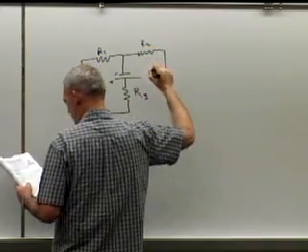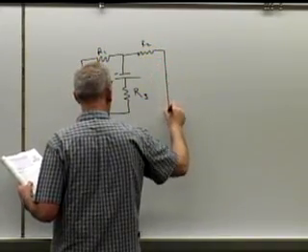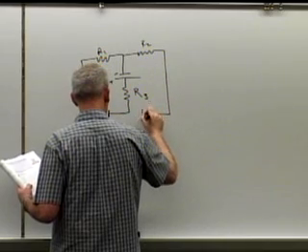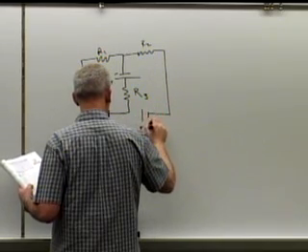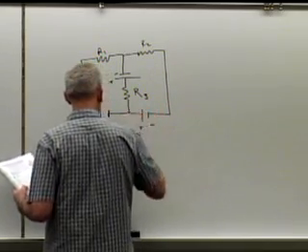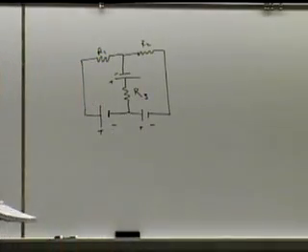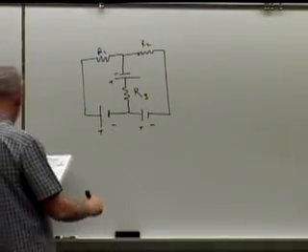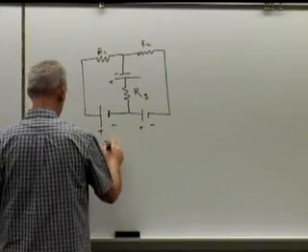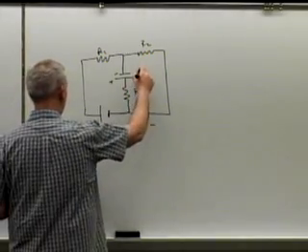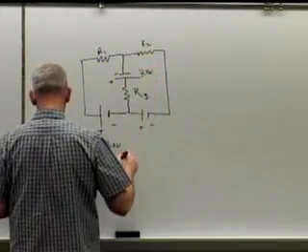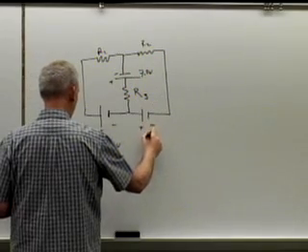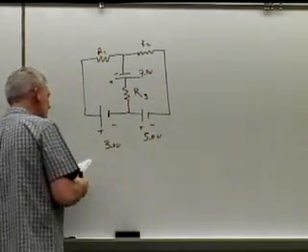These are 2. Okay, there. Now let's look at the loop here. And this one is 3 volts. This one is 7 volts. And this one is 5 volts.